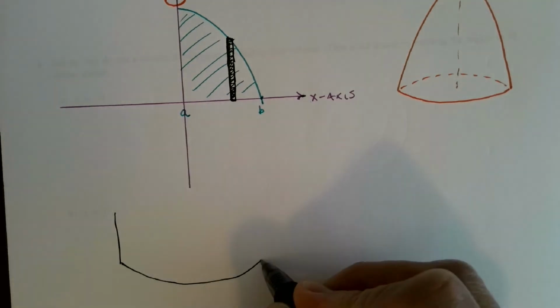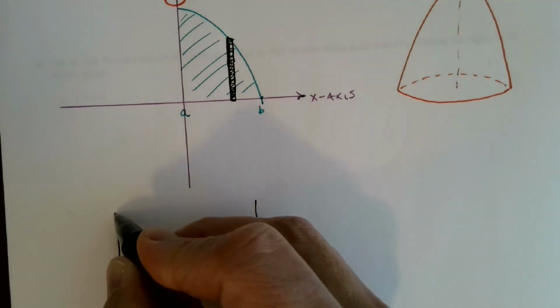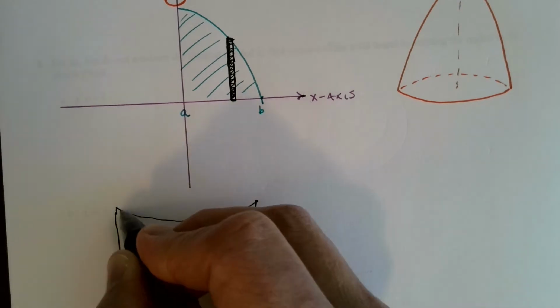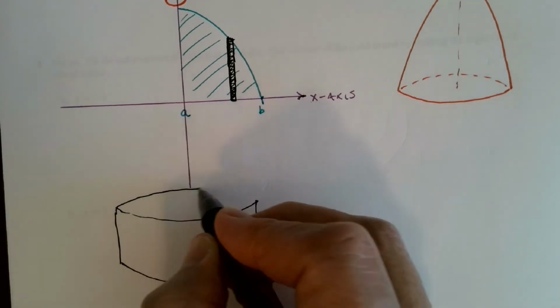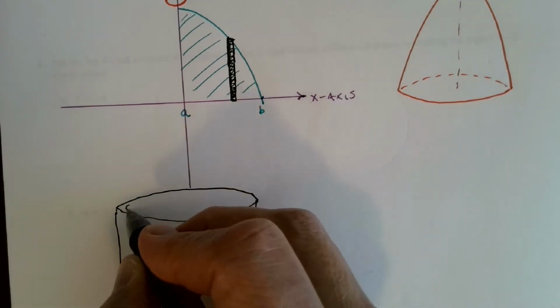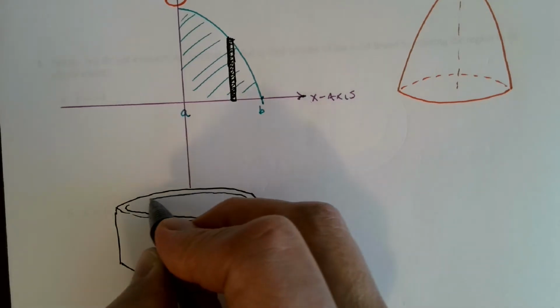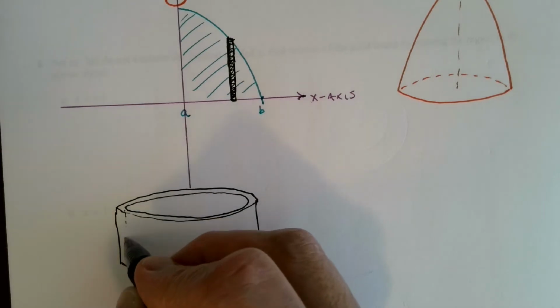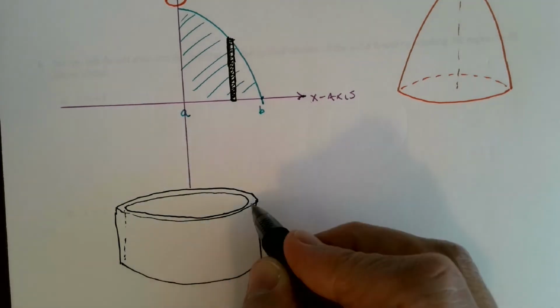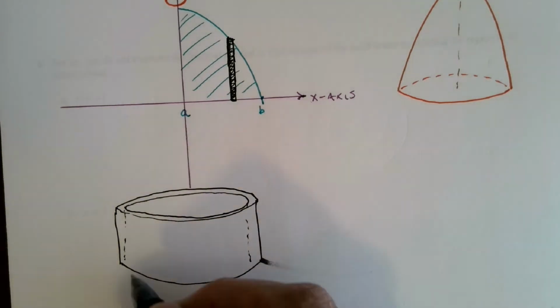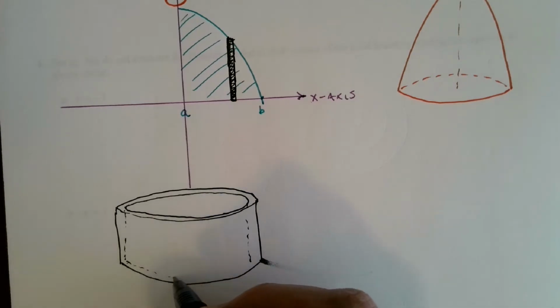And there's some thickness to this, right? Thin shell, and let me draw these hidden lines down here.